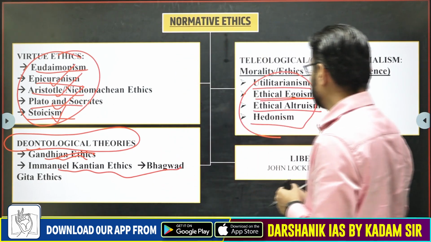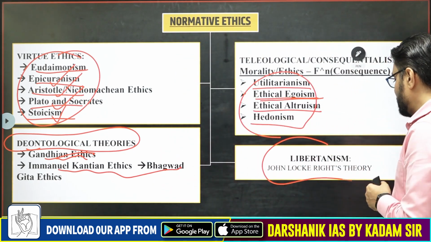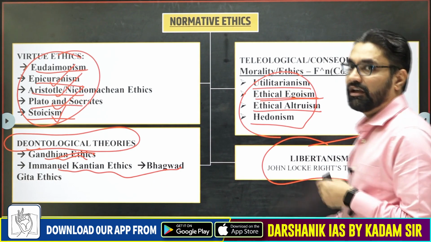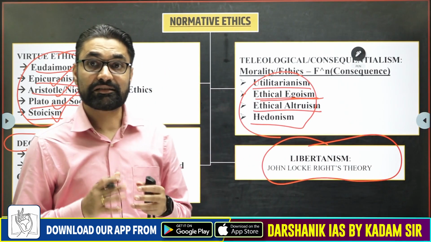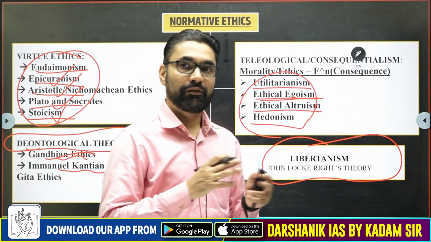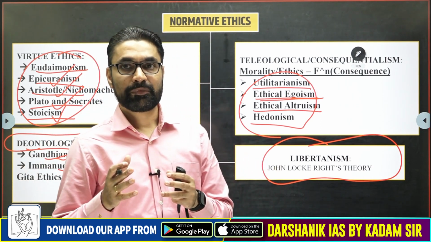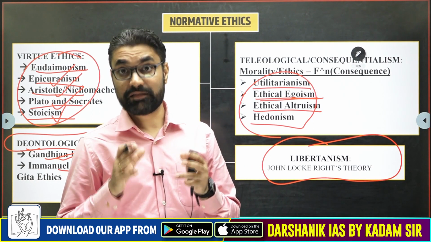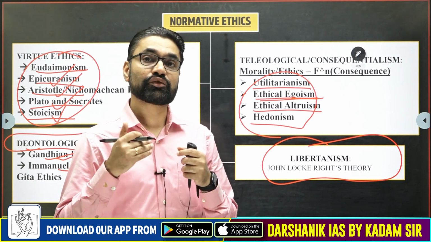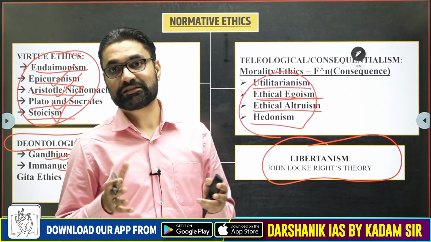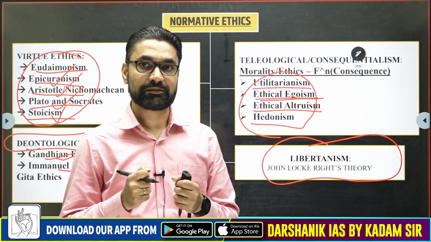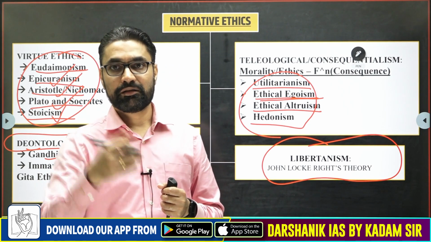And then we'll be discussing libertinism, John Locke's theory of rights. Here we'll be discussing the theory of rights. Here you will understand that in polity, whatever fundamental rights you have studied, why these fundamental rights are there, why they are called fundamental, what is the necessity of these rights, why we need to have these human rights, why they are called fundamental in the first place.